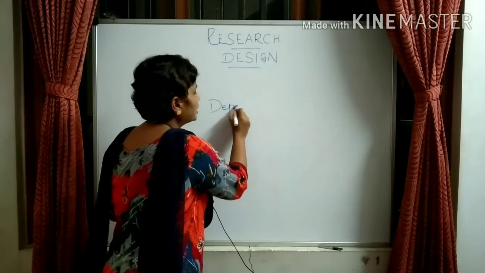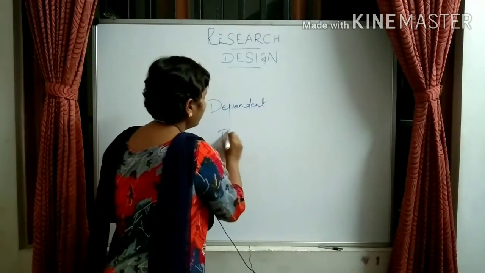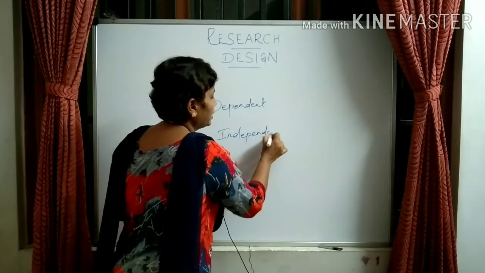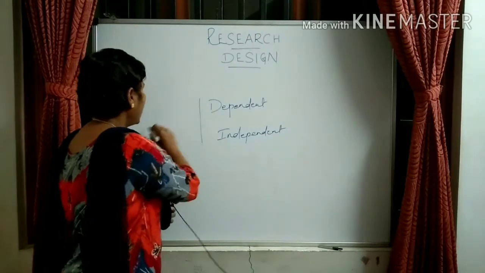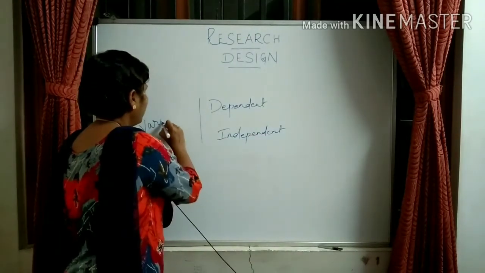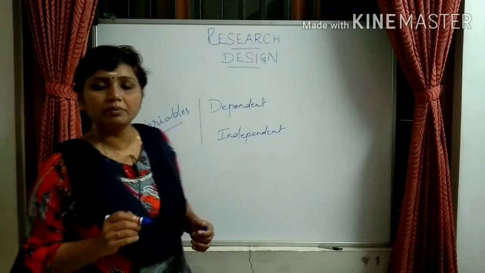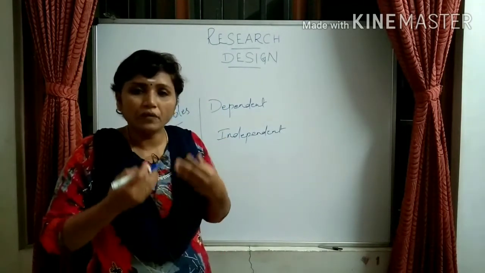First, the meaning of variable. What does variable mean? Variable means it is always varying.